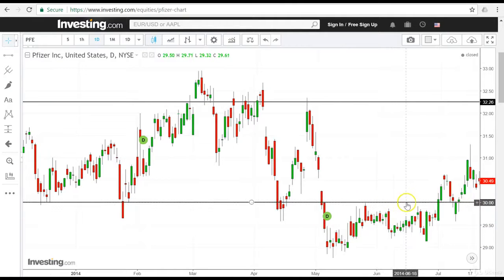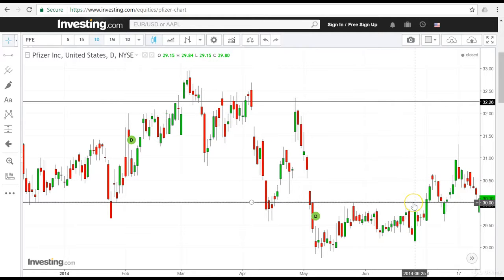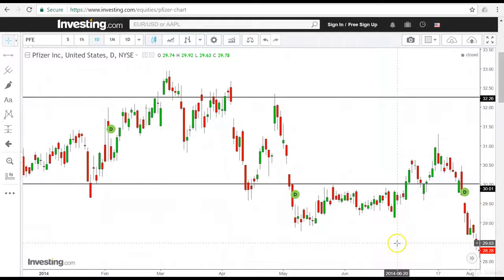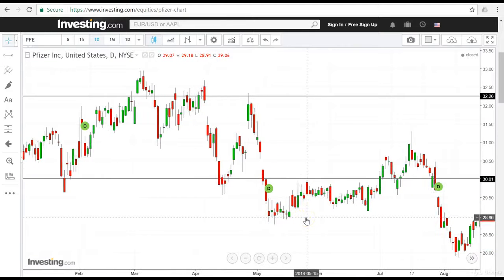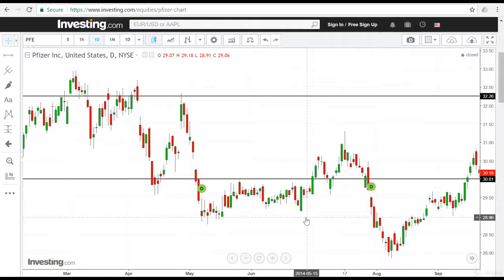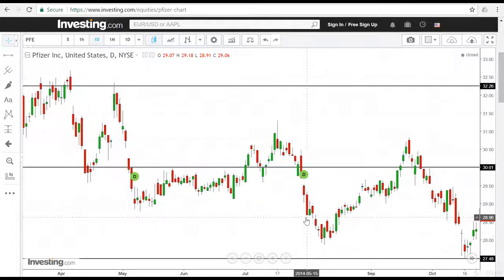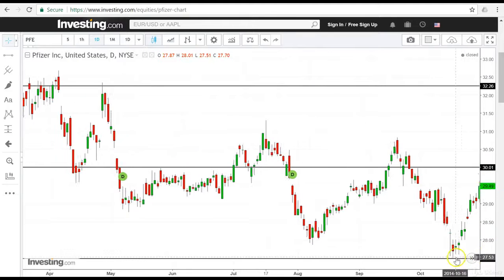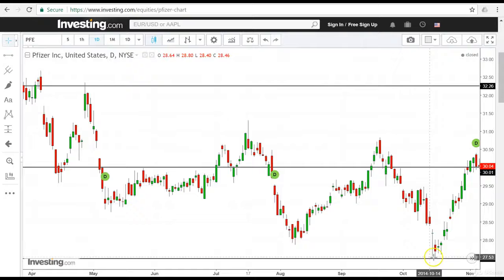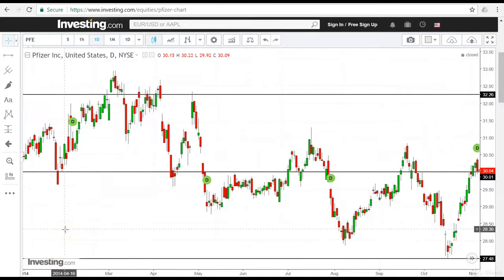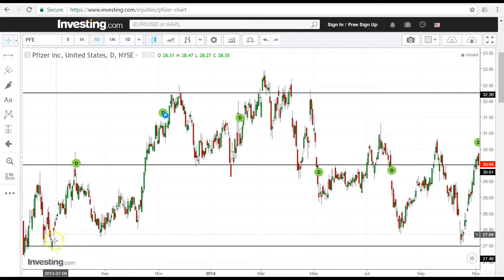If this line fails to be a support and turns into a resistance, we would expect the prices to drop down further to our next level of support. And there we see it. Even though this level of support was made way earlier on, so let's move back.